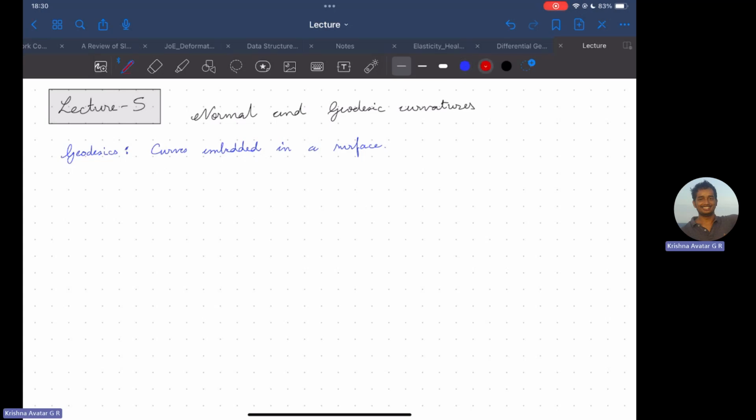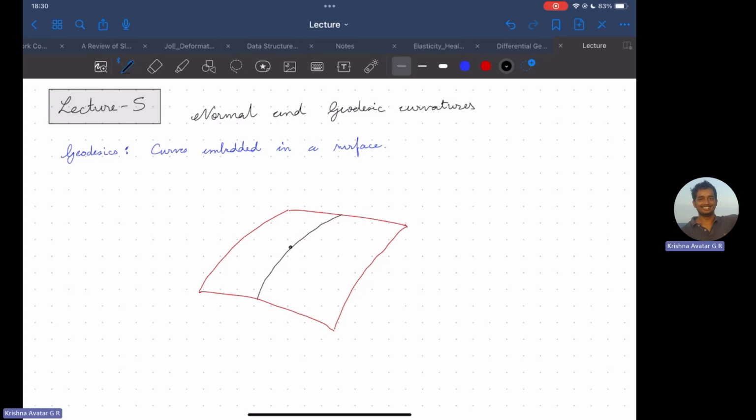So say we have a surface. Something along those lines. So we have a surface here, and this is a curve in the surface.